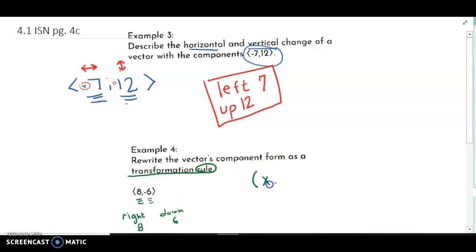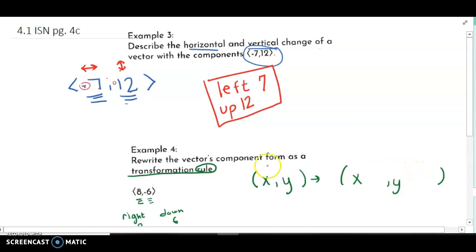Remember, rules are x comma y goes to x plus or minus something comma y plus or minus something. The first one is our x, so that'd be this way and this way. Here it says we're going right 8, so it'd be x plus 8.